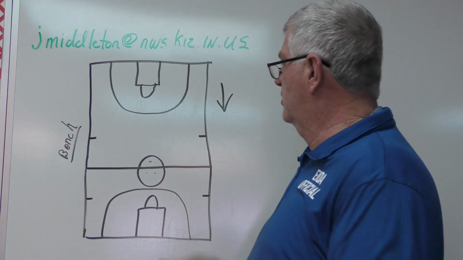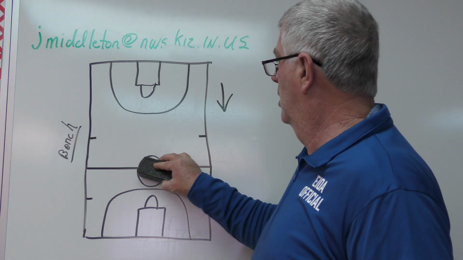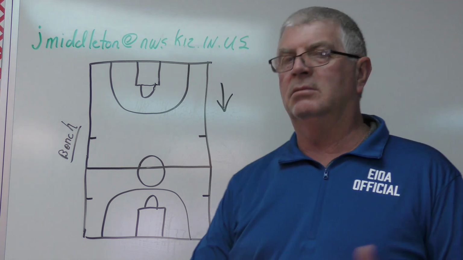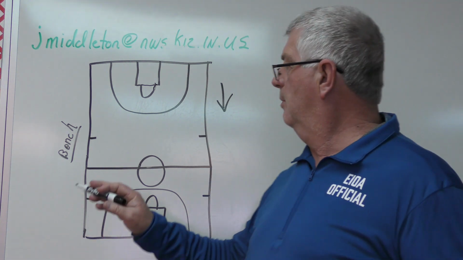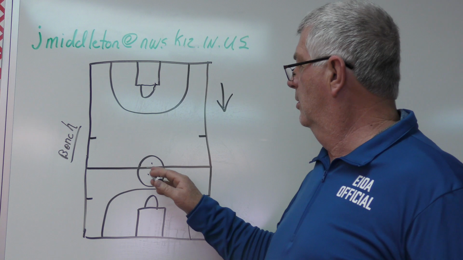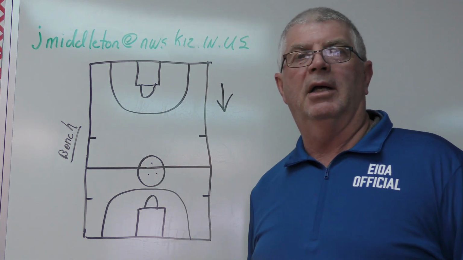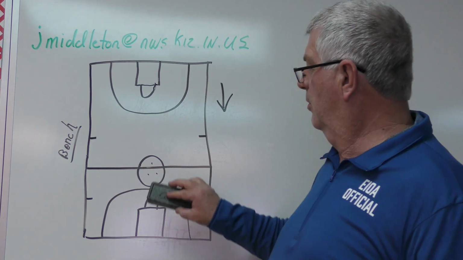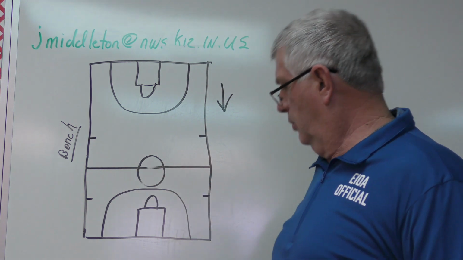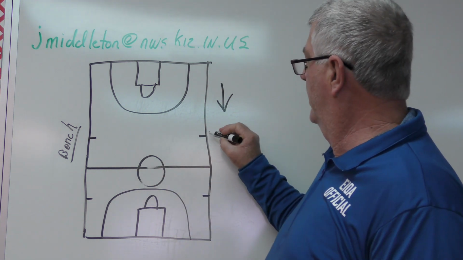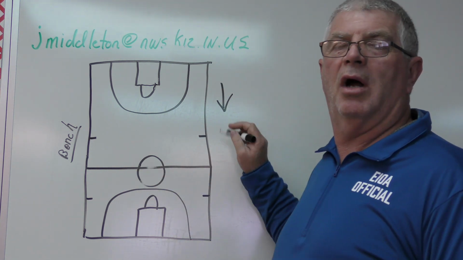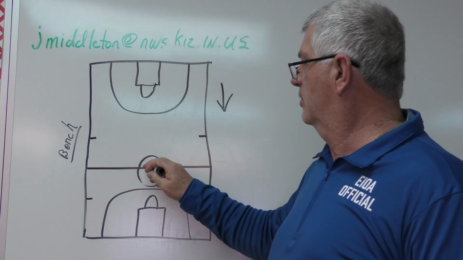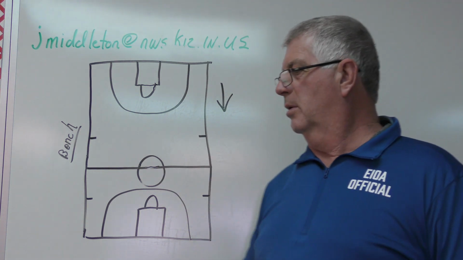So this is pretty simple. And then we come out at halftime. We go back to here until we're ready to play. So that's pretty easy. We do not stand over here like we do in college or high school. Everything is in the center circle.